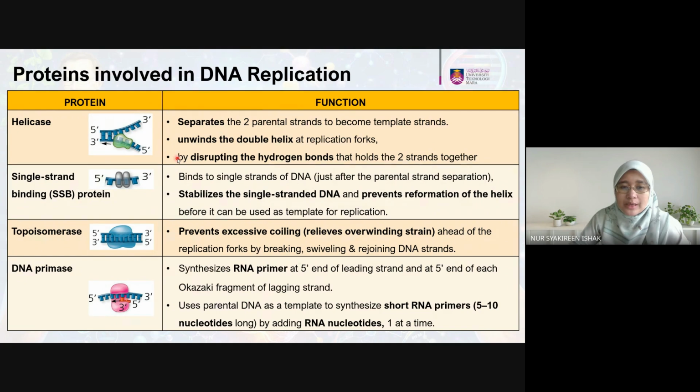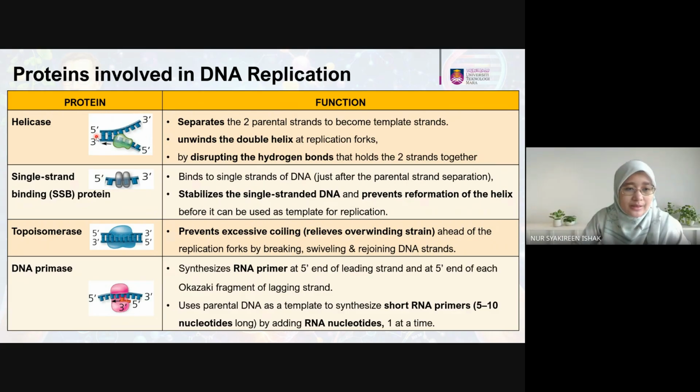How are the two DNA strands separated? As we know, there is pairing between the bases. Let's say, for example, between adenine and thymine, there will be hydrogen bonds between the two bases. So the enzyme will break the hydrogen bonds between the bases, disrupting the hydrogen bonds that hold the two strands together.